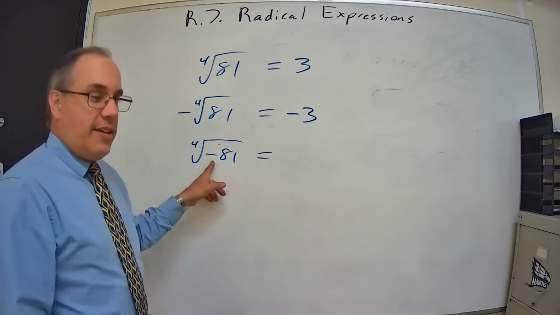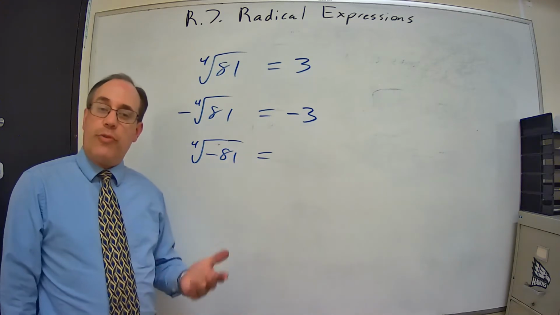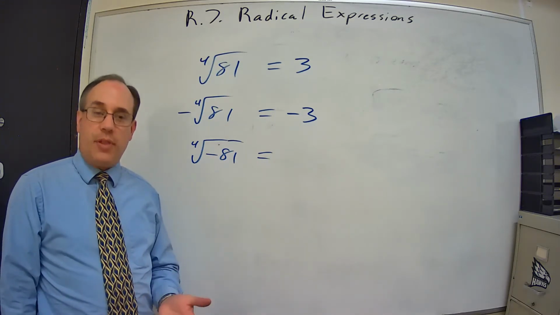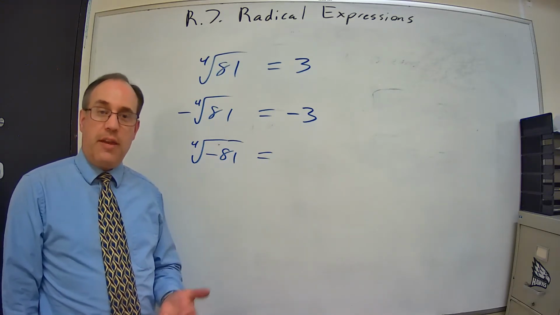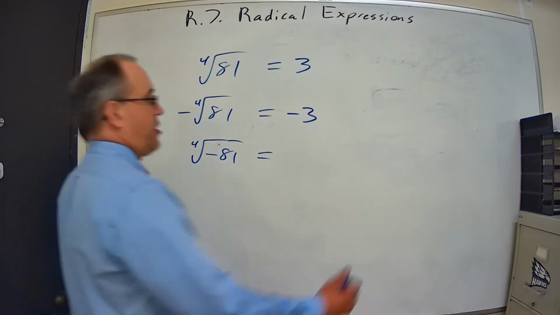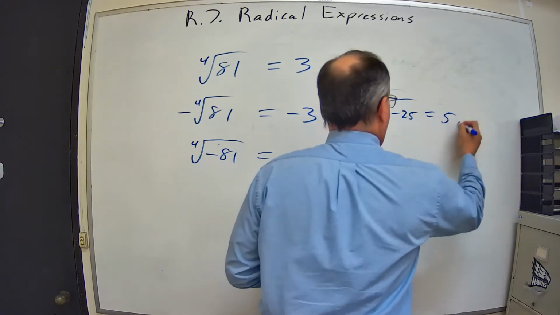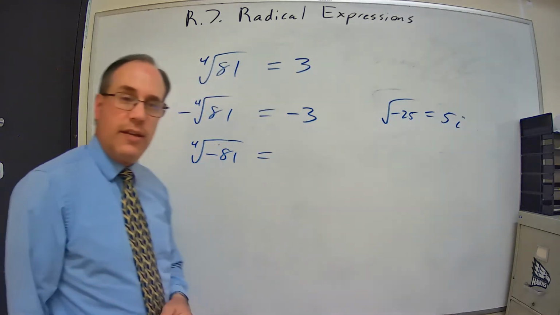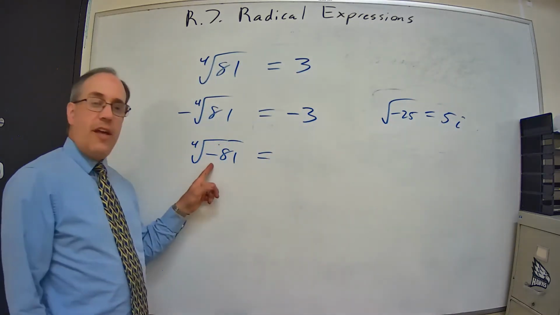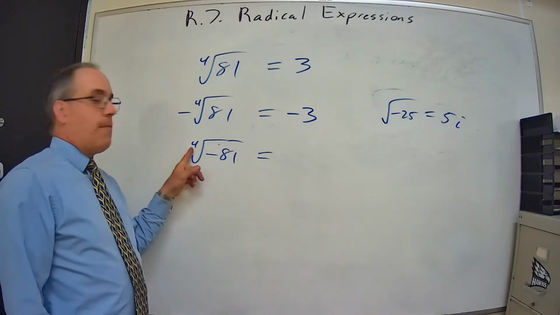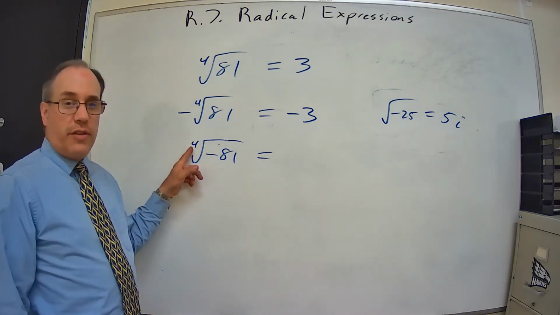Although a negative inside a square root puts you in a complex number, an imaginary number, such as the square root of negative 25 would be 5i, such is not the case for the fourth root of that.